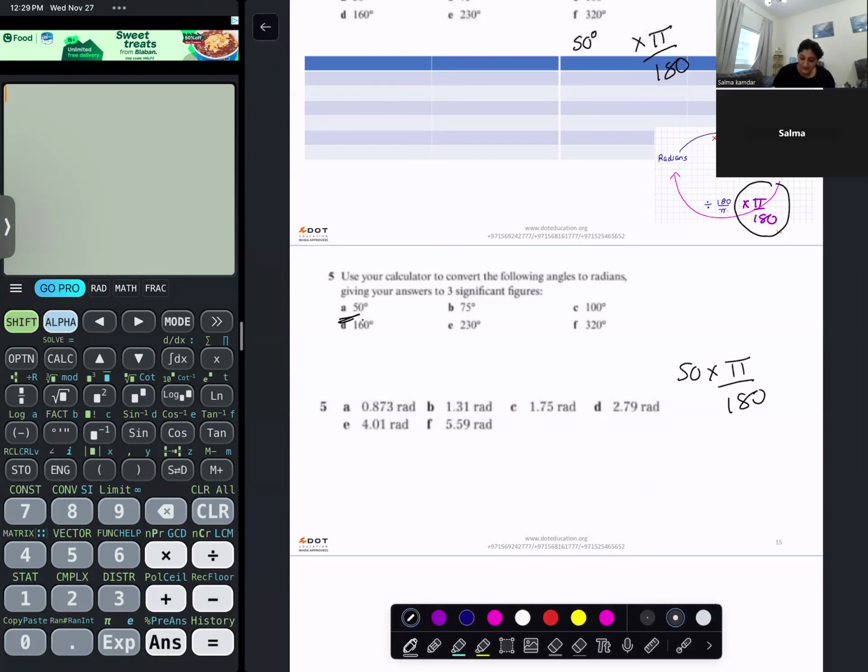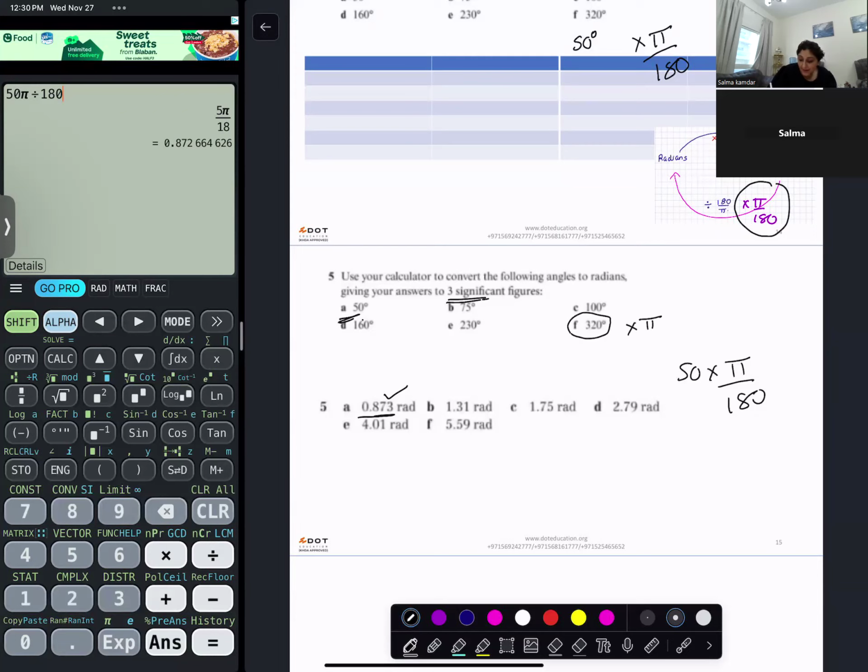So this is your first question, 50 into pi over 180. I'll put this on the calculator. 50 shift pi, there is this sign over here, divided by 180. You want three significant figures. So it is going to be 0.873 rad.